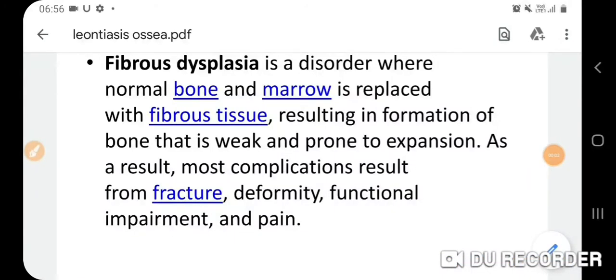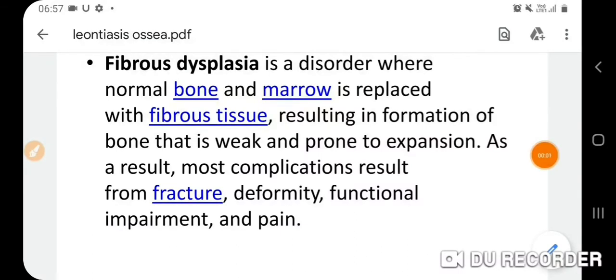Another condition where Leontiasis ossea is found is fibrous dysplasia. It is a disorder where normal bone and marrow is replaced with fibrous tissue, resulting in formation of bone that is weak and prone to expansion. As a result, most complications result from fracture, deformity, and functional impairment.